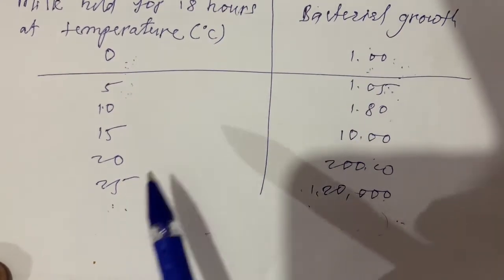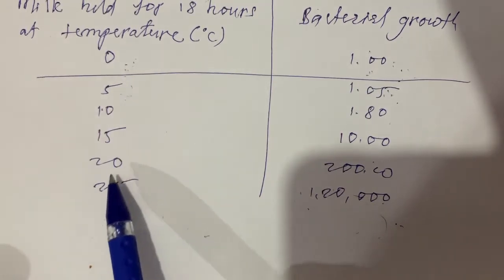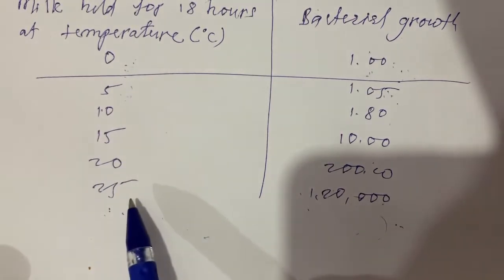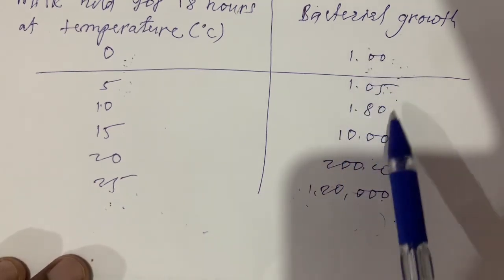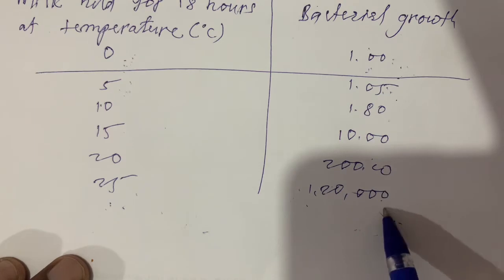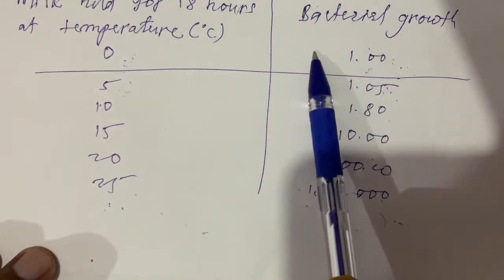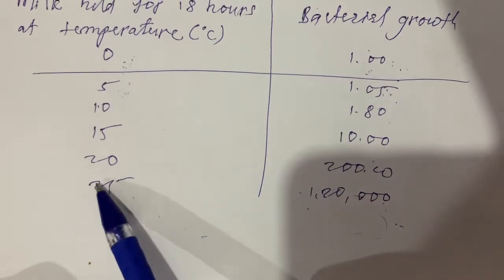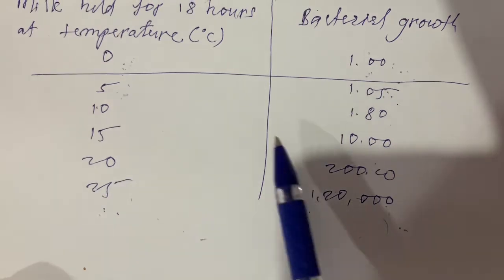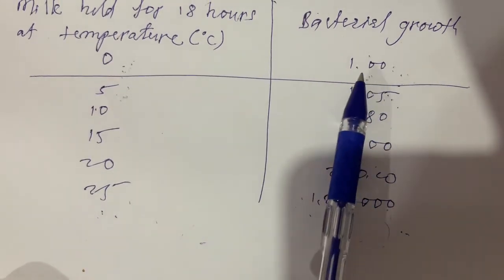As we can observe from this table, as the temperature increases, the number of microorganisms also increases. As the temperature decreases, the number of microorganisms also decreases.